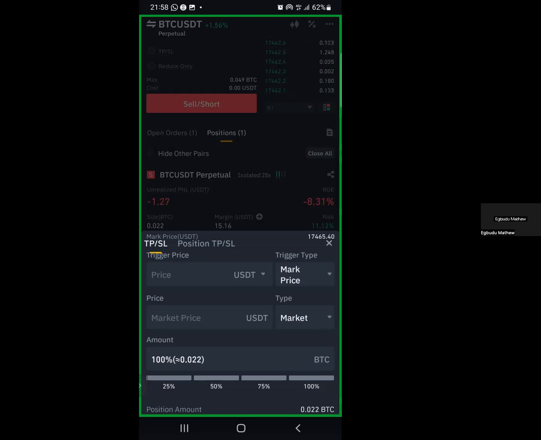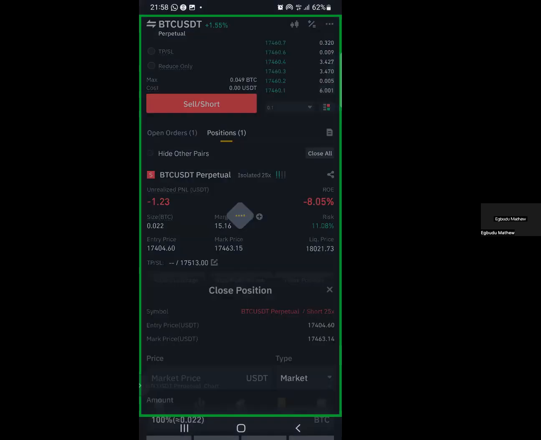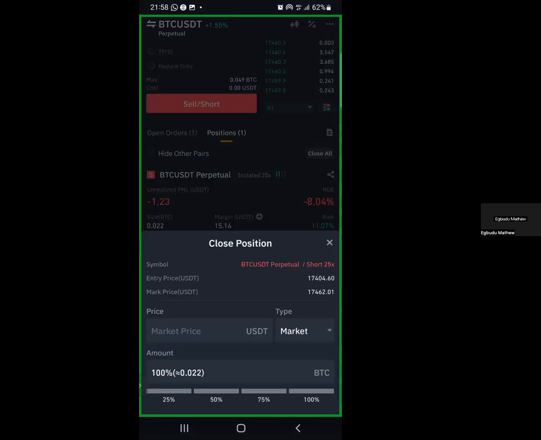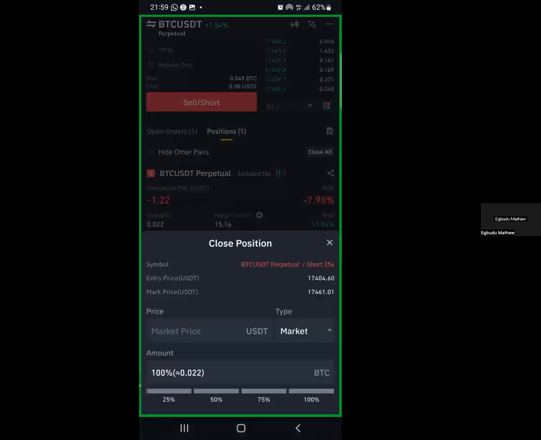So now, assuming you have a trade and you want to close your trade bit by bit, all you need to do is click on close. This Binance app is malfunctioning. It will show you either close 25%, close 50%, close 75%. You click on 50%, assuming you're trailing or you're locking profit, you're partialing.